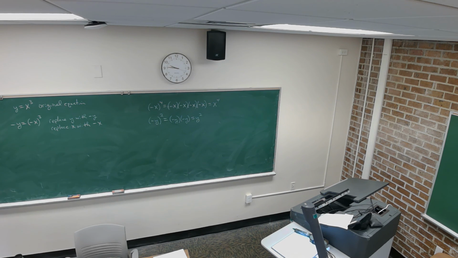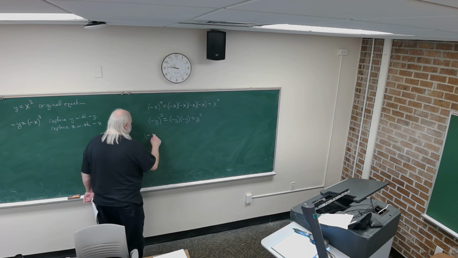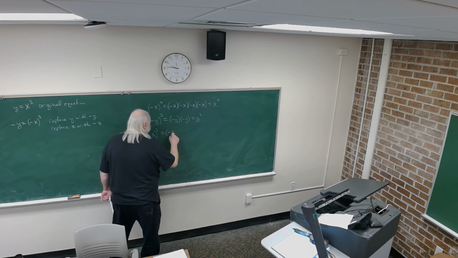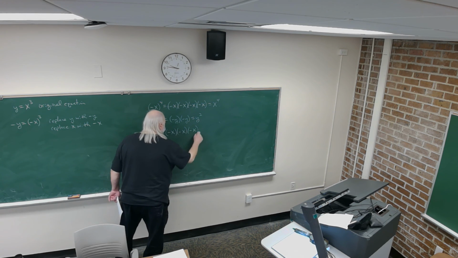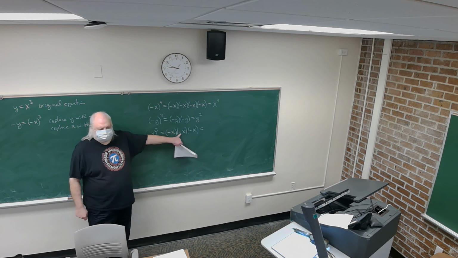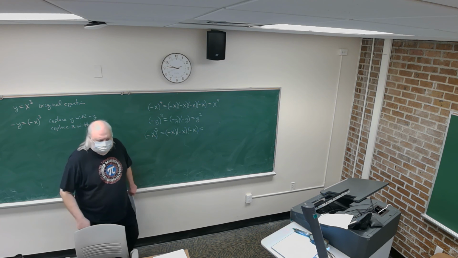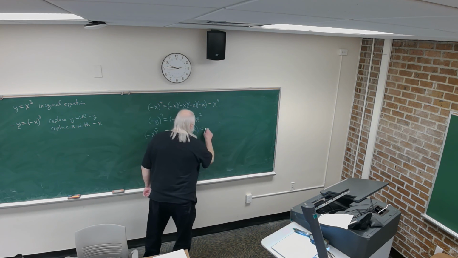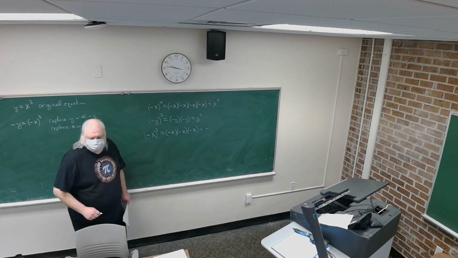So replace y with -y and x with -x. Well, -x cubed is 3 factors of -x. A negative times a negative is positive, and a positive times a negative is negative, so the product of an odd number of negatives is negative.